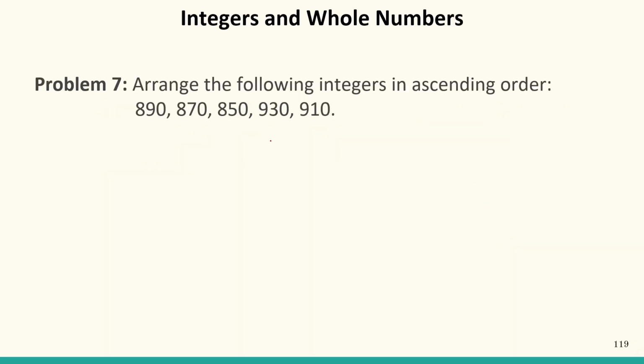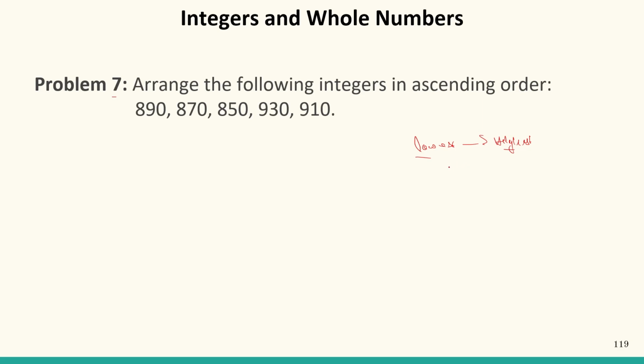So let's go forward with problem number 7. It tells us to arrange the following integers in ascending order. So what is ascending order? That is from lowest to highest. It isn't asking us to go from highest to lowest.